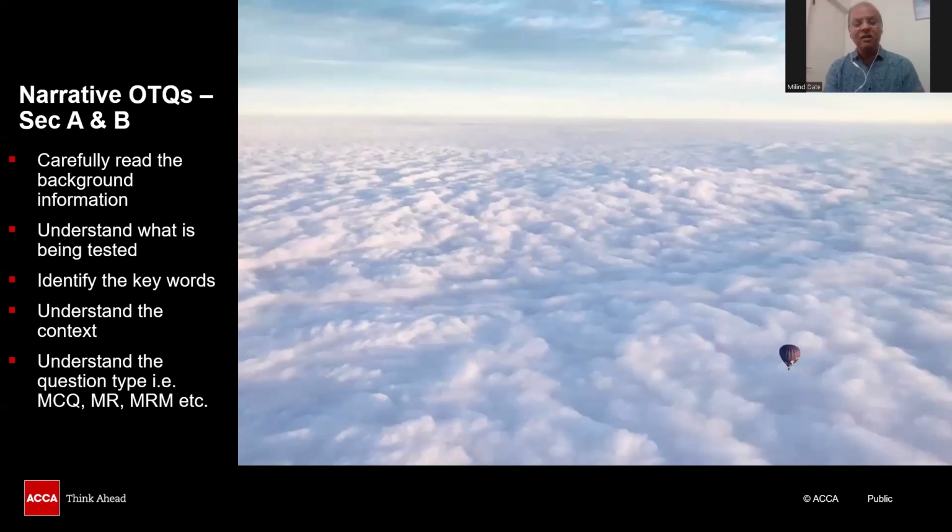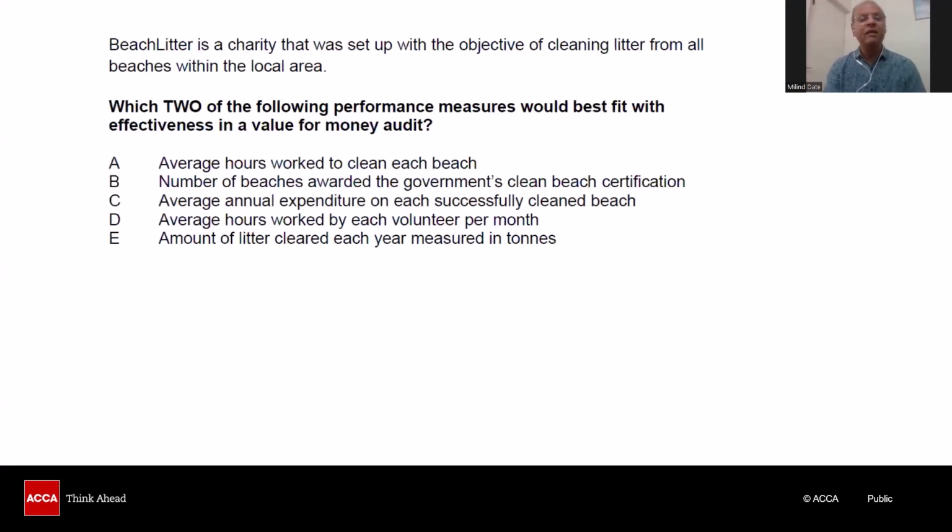Let's illustrate a question from, again, September-December 2023 sample examination. It's a case about a charity that was set up with the objective of cleaning litter from all beaches within a local area. So that's a clear case that there is no quantitative information in here.